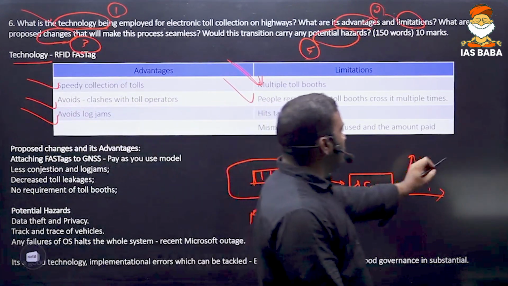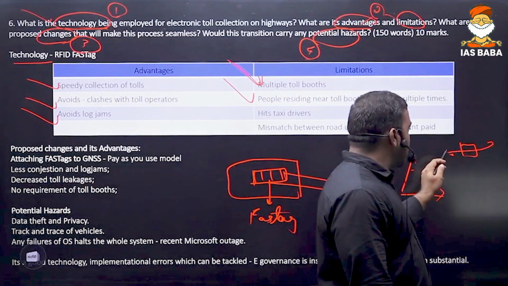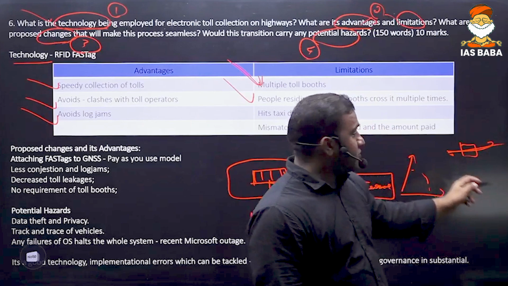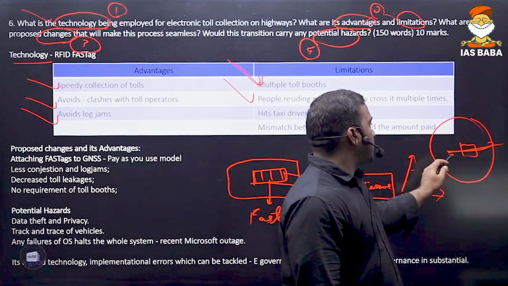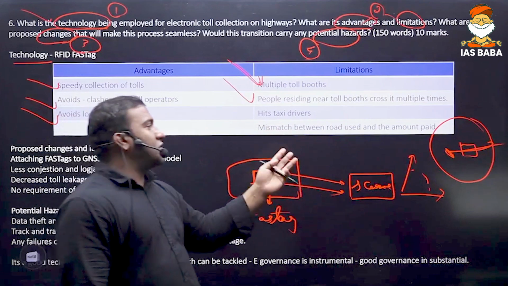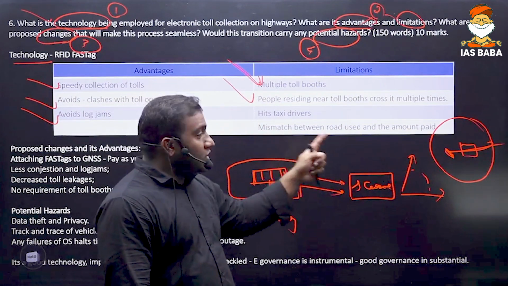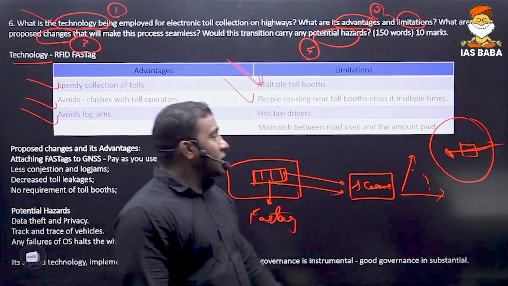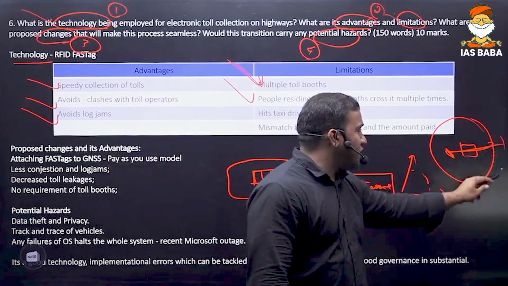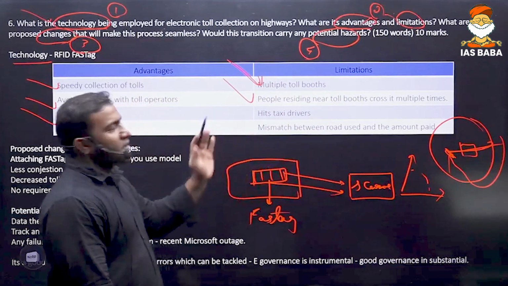The toll booth is here, my house is here, so the toll is cut while coming and again while going. Your toll is being unnecessarily cut. So how to avoid such a problem? People find a different way, entering through the lanes and coming out. So such things are impractical.